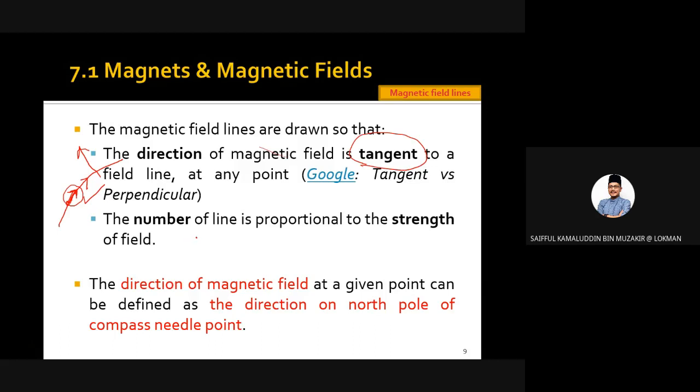The more magnetic field lines, the higher the strength of the magnetic field. So the direction of the magnetic field at a given point can be defined as the direction the north pole of a compass needle points. Remember that.